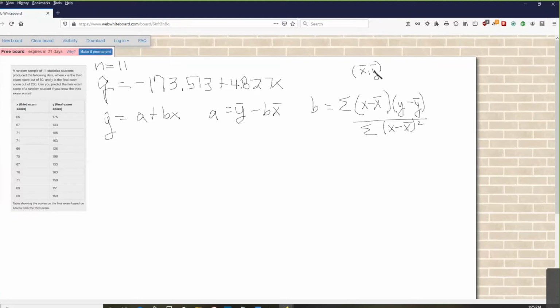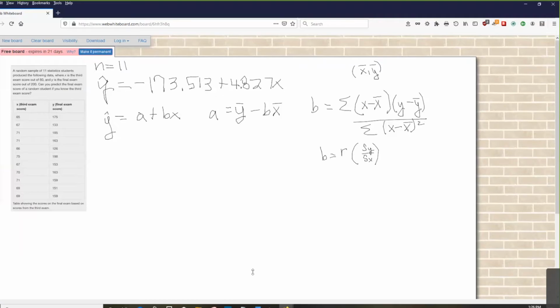Another way that you can write the slope is in the form of r, which is the correlation coefficient, which we'll look at next, times the standard deviation of y divided by the standard deviation of x. It's important to know what these formulas are, but you're going to use your calculators in order to solve it.